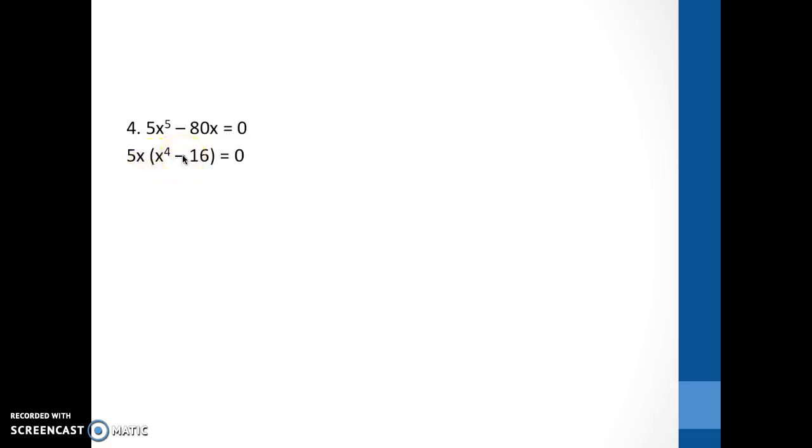But we're not done there yet, because we can reduce even further. So we still carry down our 5x. And to simplify, we take x to the 4th minus 16. Well, if we take the square root of both of those, we're left with x squared and 4.